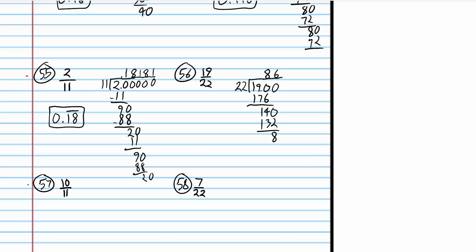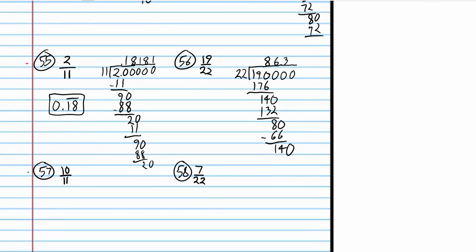So subtract, bring down a 0. 22 into 80 goes 3 times, I believe. 3 times 22 is 66. Remainder of 14, but I think you can see what's happening here. We had 140 already, and we have 140 again. So we already know 22 goes into 140 6 times.